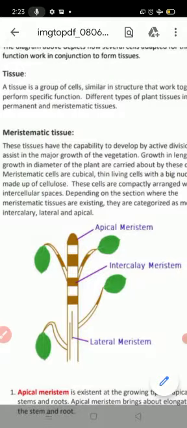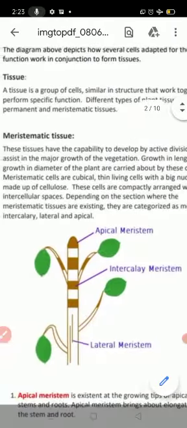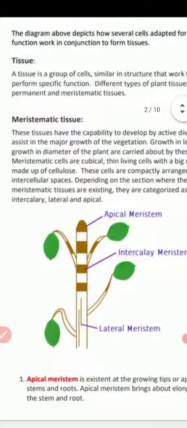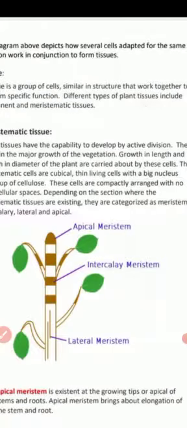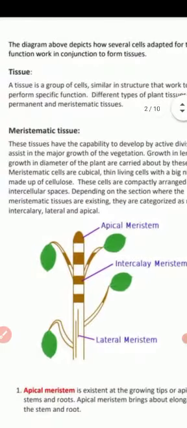Vegetative parts are grown by vegetative cells, and generative parts are grown by generative cells. Growth in length and growth in diameter of the plant are carried out by these cells, that is, by the meristematic tissue.